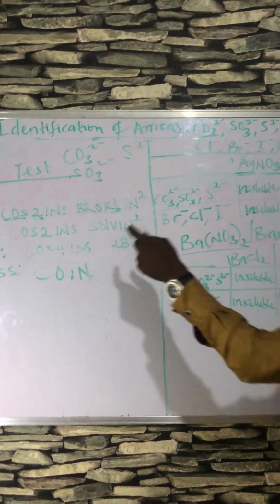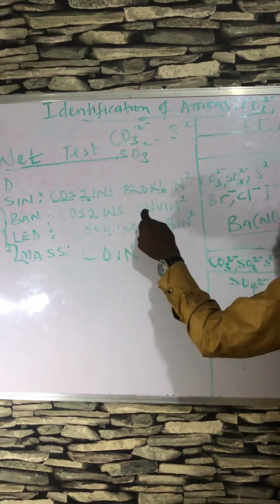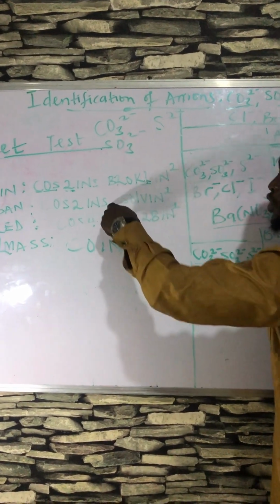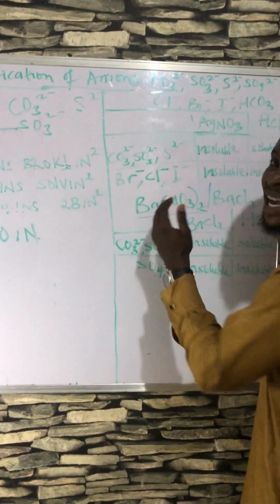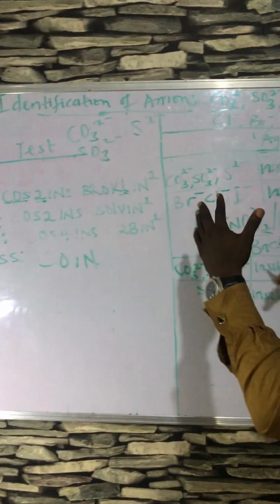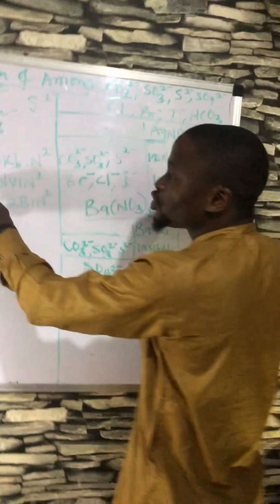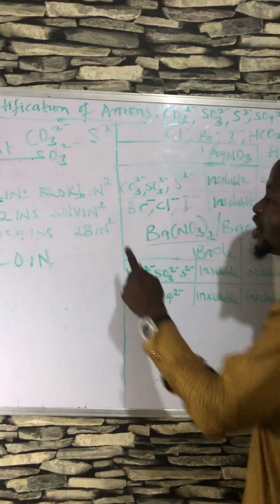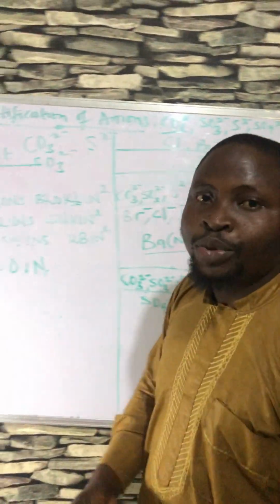In excess hydrochloric acid or in excess trioxonitrate(V) acid, instead of the precipitate being soluble, it remains insoluble. This declassifies sulfates out of the family. Instead of it being soluble, it is rather going to be insoluble.